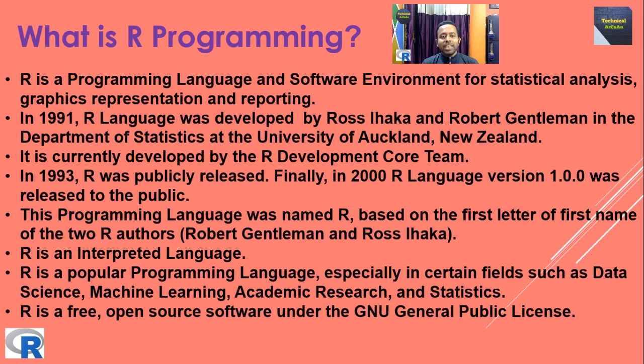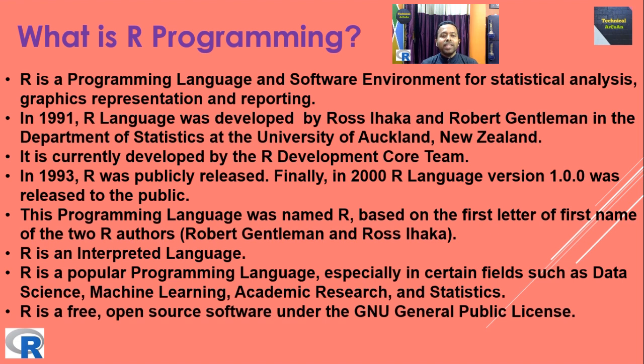This programming language was named R based on the first letter of the first name of the two authors, Ross Ihaka and Robert Gentleman, meaning Ross and Robert. That's why the language name is R. R is an interpreted language. It is not a compiled language.